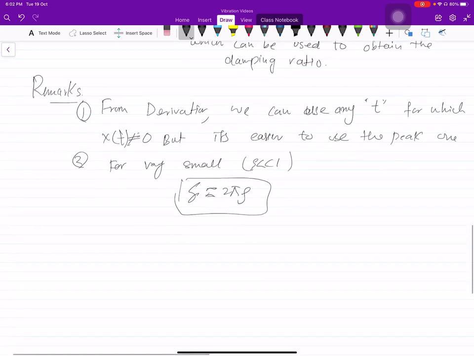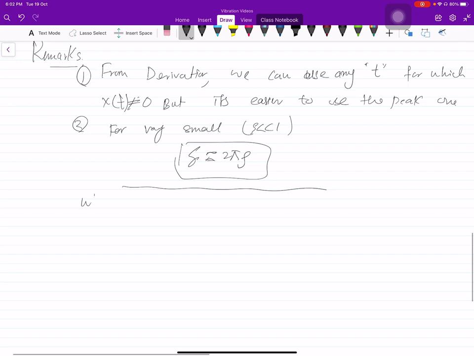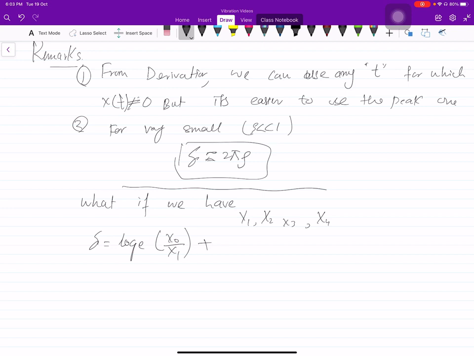Basically, what if we want to calculate for more than one cycle, like x2, x3, x4? So what we have to do, basically, the logarithmic decrement is like this: log of x0 over x1, then plus log of another cycle x1 over x2, and so on.